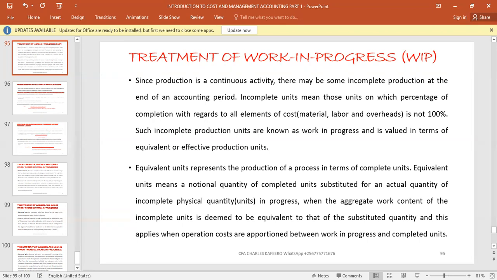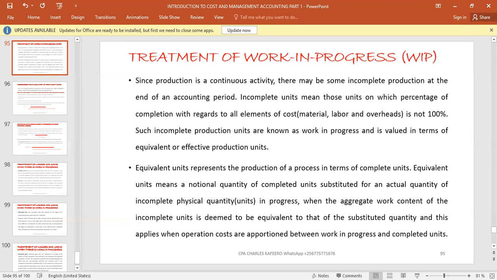This is what I was trying to explain, that we are trying to look at those work in progress or unfinished production, and we try to convert it into what it would be if it had been finished. What will be the number of units that are going to come out?